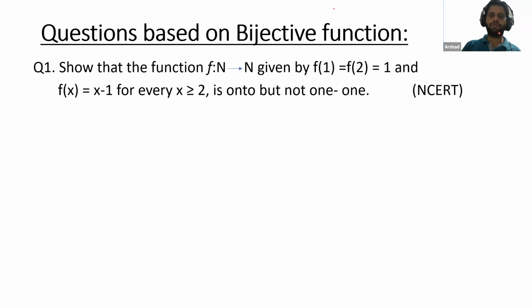So next, this one. Onto we will discuss later on. These questions are based on onto, but we'll do this later. Now Huzefa, what is a bijective function? A function which is both one-one and onto. Okay, but in this question you need to show both, but right now we have not started onto. So just write this question.